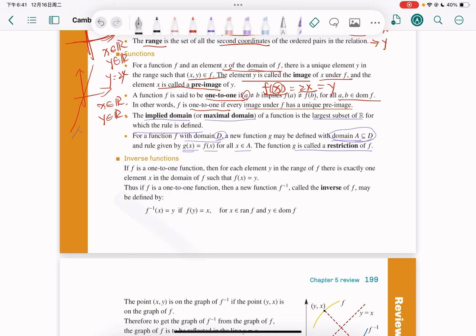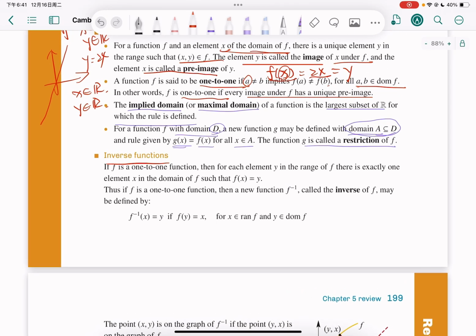The inverse function. The inverse function is very important. Let's see. If f is a one-to-one function, so it has a restriction that it is 1-to-1, then each element y in the range of f has exactly one element x in the domain of f.